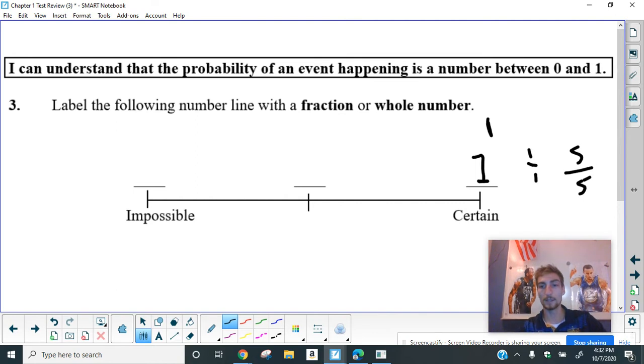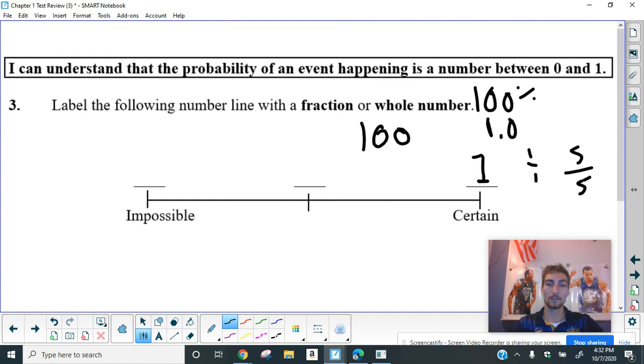The decimal would be 1.0, right? 1 is a whole. It is our certain outcome. And then here we're talking about 100% when we think about it in terms of percentages. 100 over 100 would be 100%, or it'd also just be 1 as a decimal.